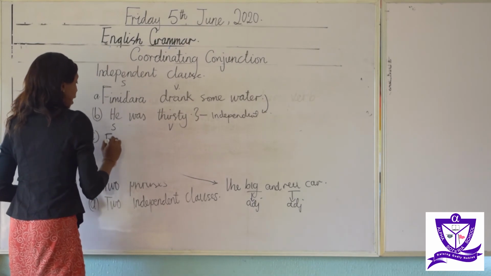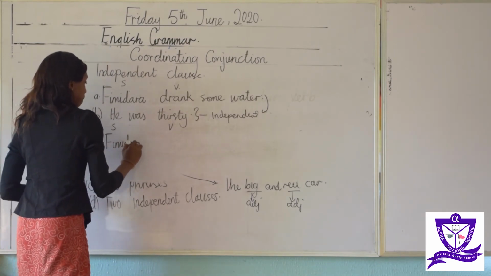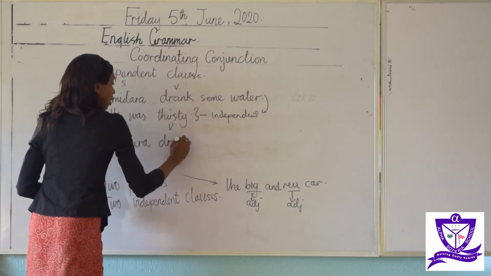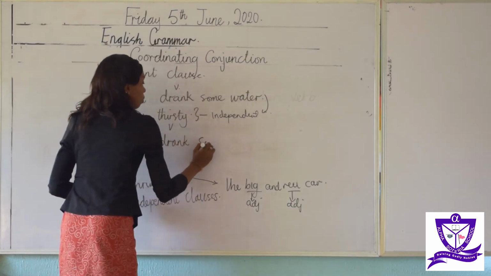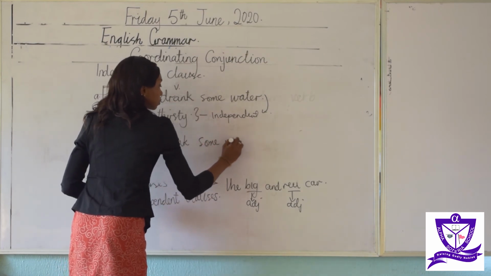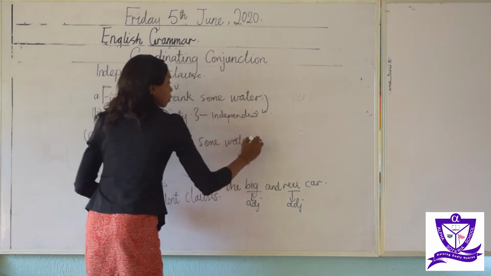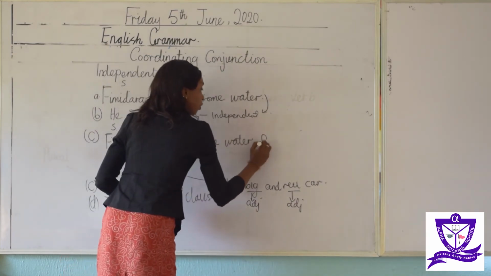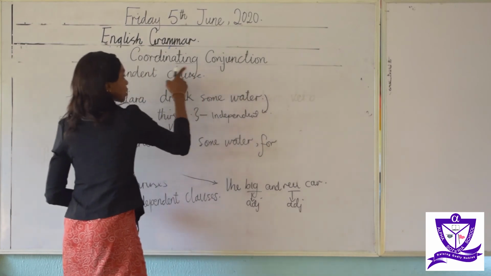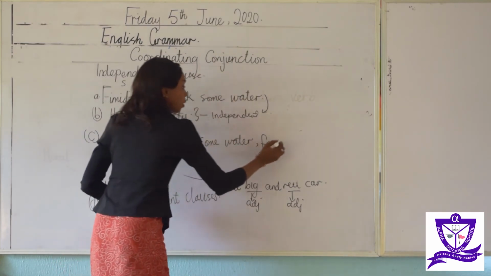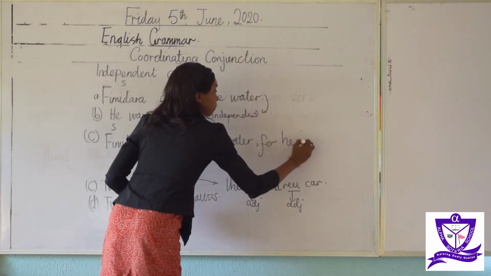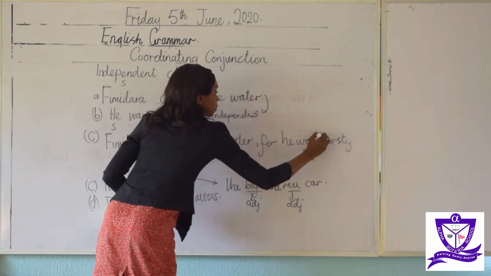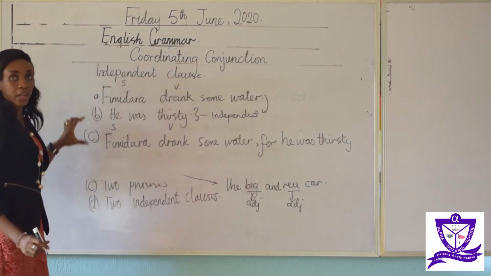Fimidara drank some water, comma. Remember there's a comma before the connector, before the coordinating conjunction for. He was thirsty. So look at that sentence, how we connected them together.